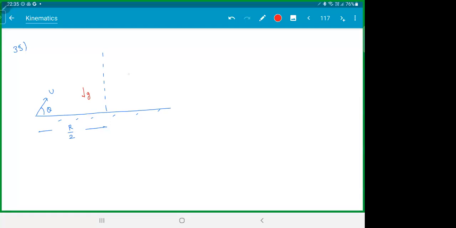Once you cross this line, the gravity becomes horizontal. You getting it? Draw the path of the particle. Okay. So these are the two homework questions. So try them and come. We will discuss them on Sunday.